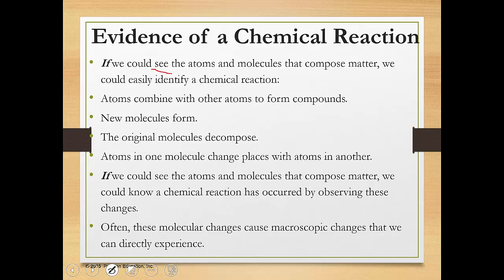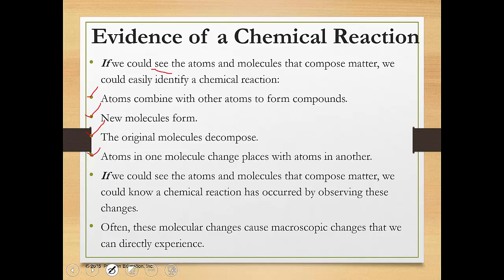Because in a chemical reaction, atoms are going to combine with other atoms to form compounds. New molecules are going to form. The original molecules tend to decompose. And then the atoms in one molecule may change places with the atoms in another. All these different things can happen.